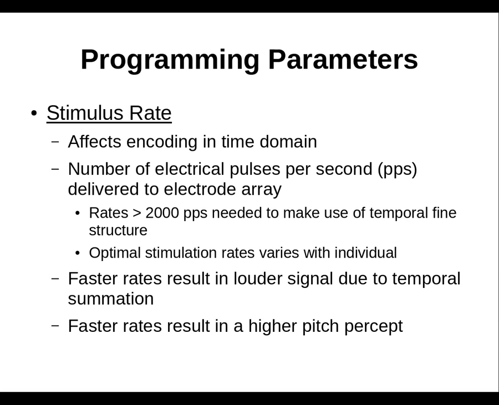This is related to the volley theory or volley approach, maybe back from a topic on anatomy and physiology that you may have talked about for auditory nerve firing in general. We won't go into any detail about that here.